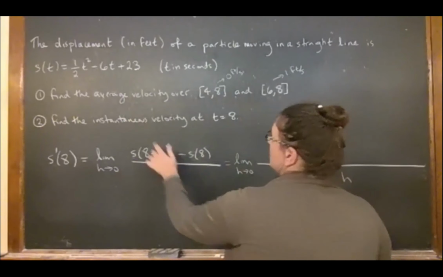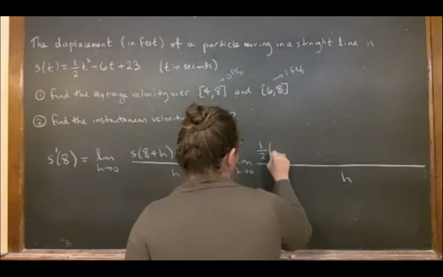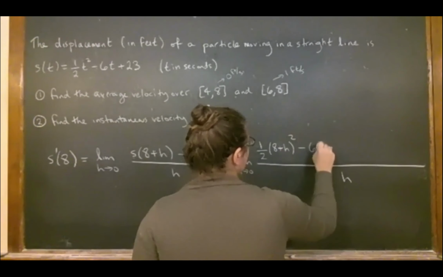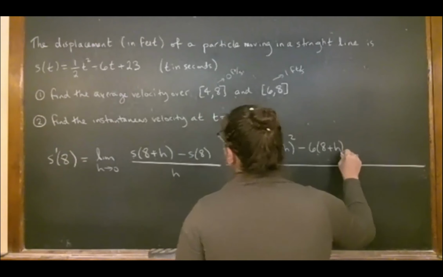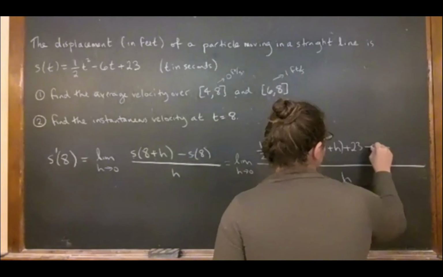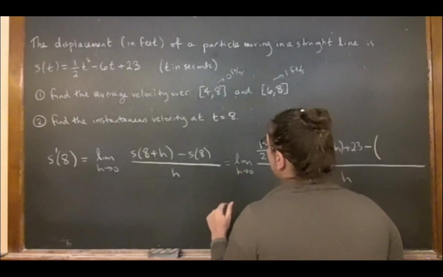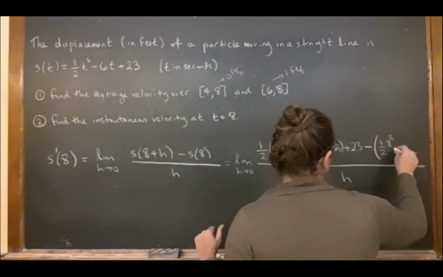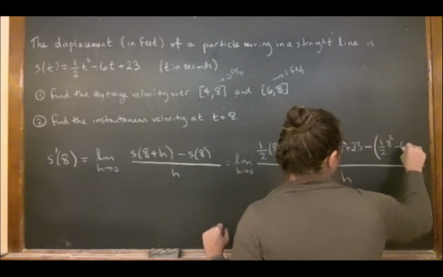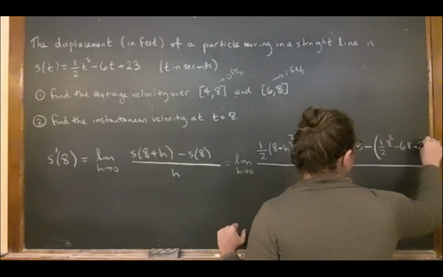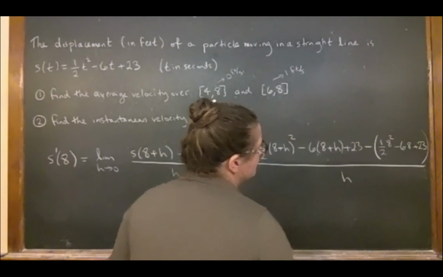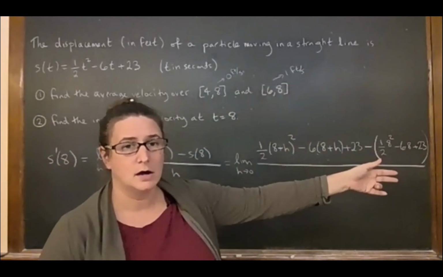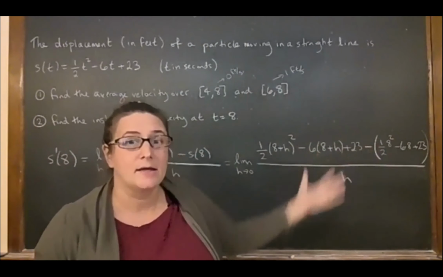into this difference quotient. So I end up with 1/2 (8 plus h) squared minus 6 times (8 plus h) plus 23 minus, by the way, notice that when I do this, I always put in the parentheses even when I'm stuck here and I don't have any space left, because probably the most common mistake on these is forgetting the parentheses, and then you don't get your negative all the way through, and then you have the wrong answer.